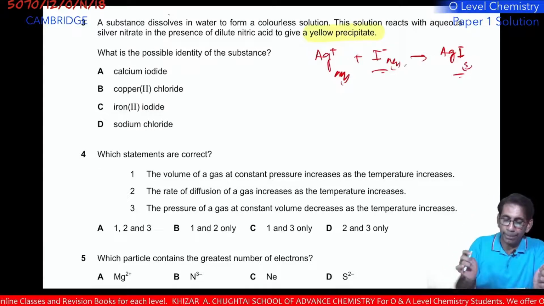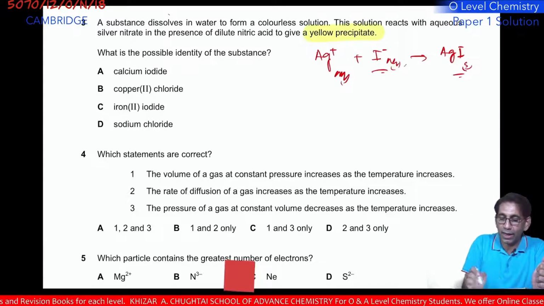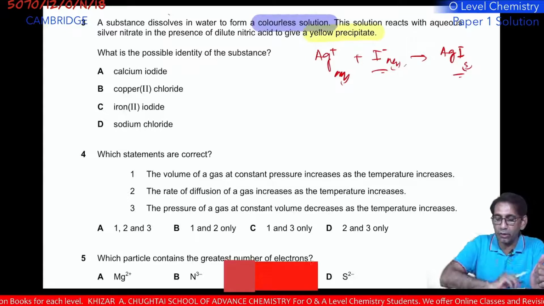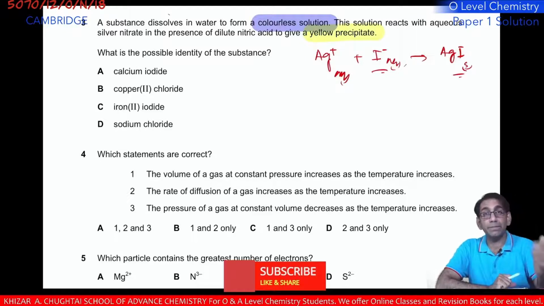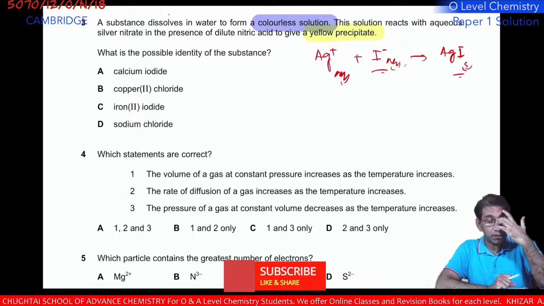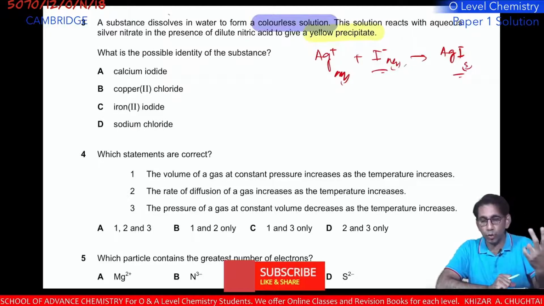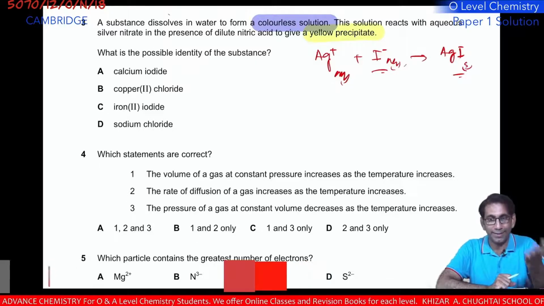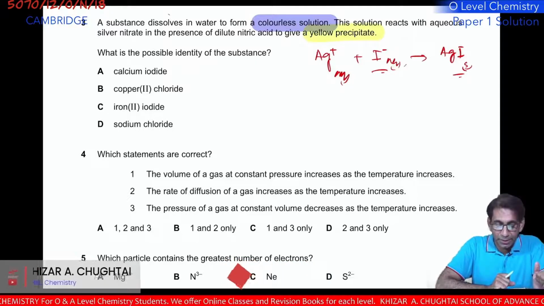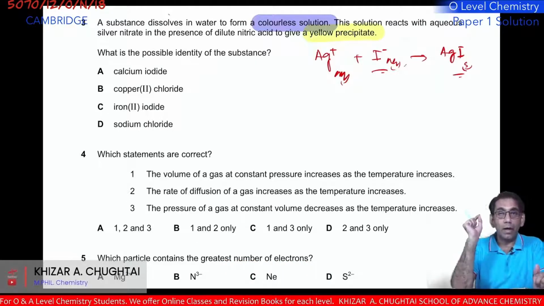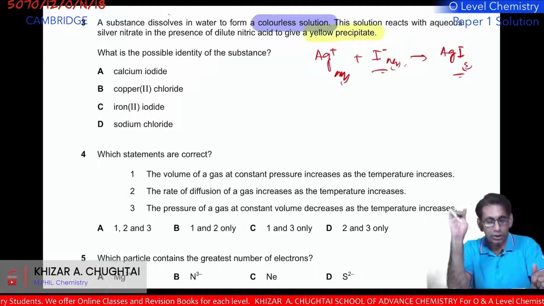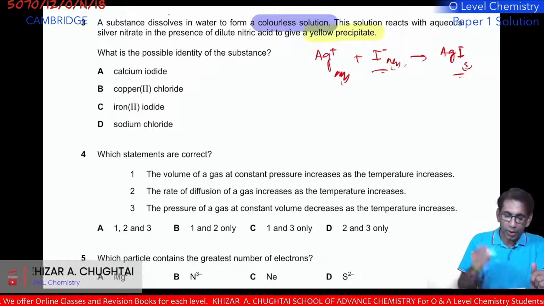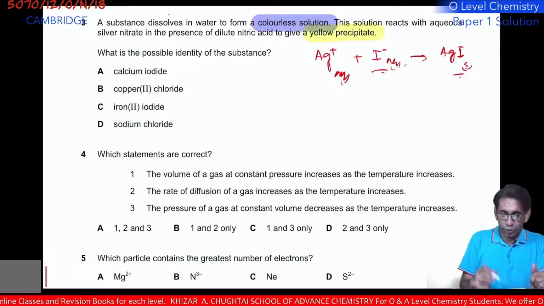Number two, this solution is a colorless solution. So it means that the substance is composed of two things: the metallic ion and the non-metallic ion. This substance must have a non-transition metallic ion. So here are the two basic options that may be correct.